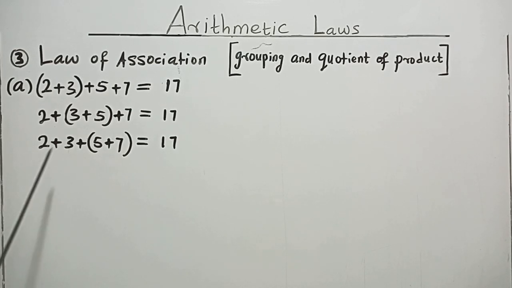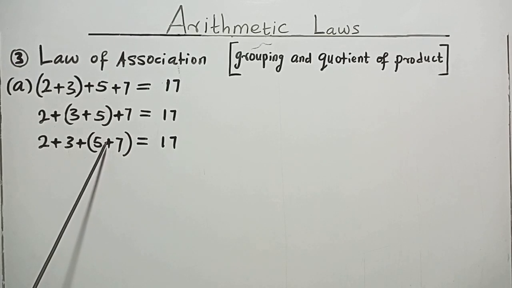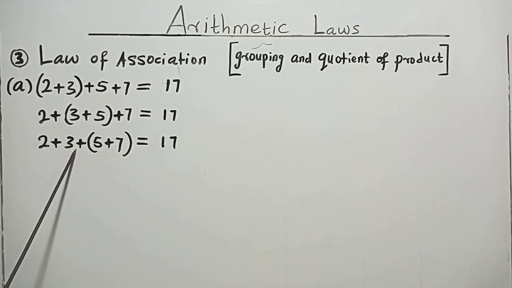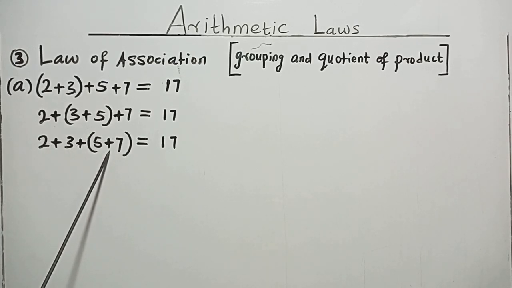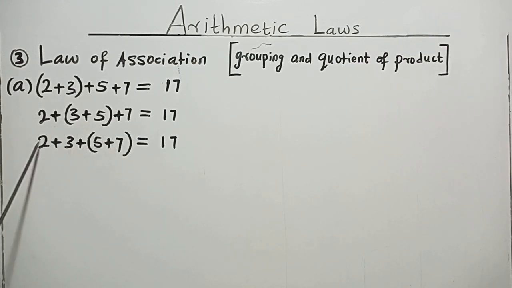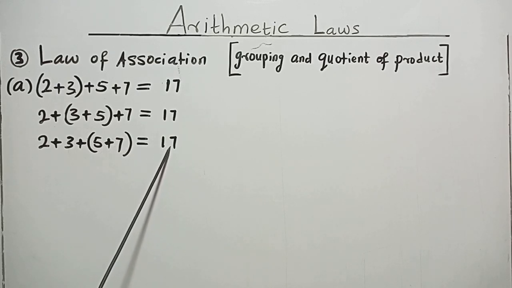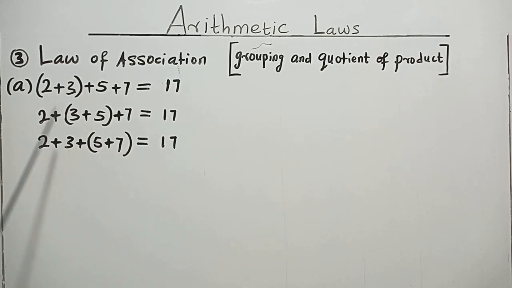In the last operation, the 5 and 7 are associated with a bracket, so that what we have is 2 plus 3 plus 12. Why 12? 5 plus 7 is 12. So 2 plus 3 is 5. 5 plus 12 is equal to 17. So the association of numbers when numbers are being added does not affect the final result.